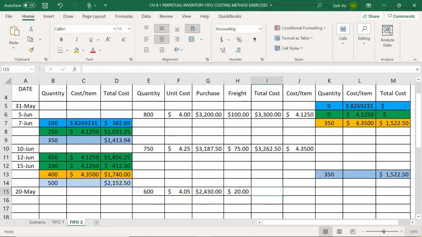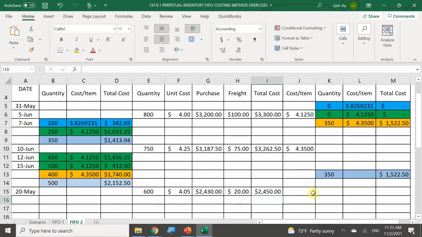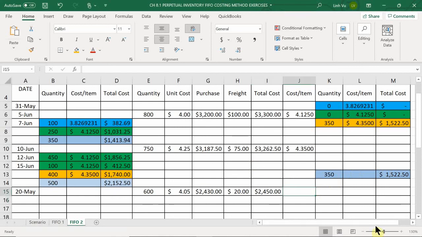$2,430. Plus my $20 freight gives me a total cost of $2,450, bringing my cost per unit to $4.08333.